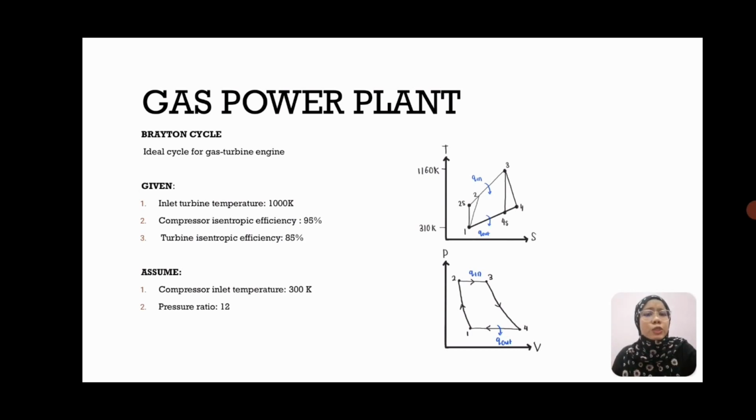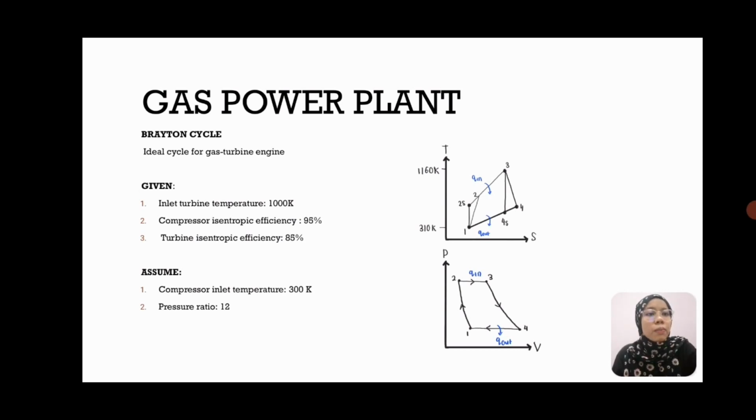Then we assume some data. First, the compressor inlet temperature is 300 Kelvin, and we assume that the pressure ratio is 12.